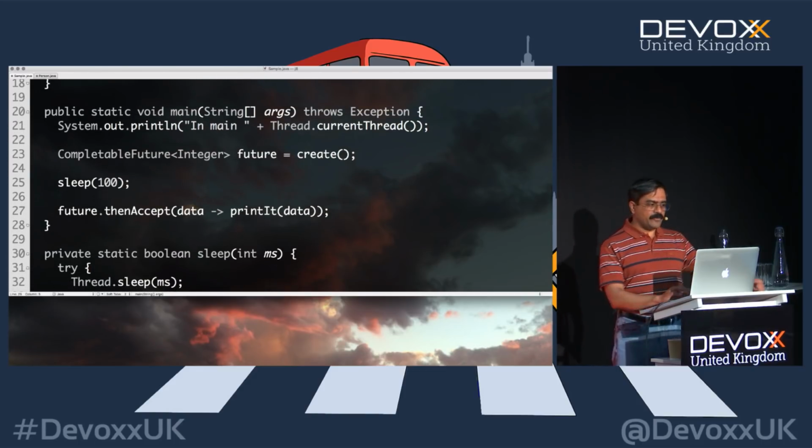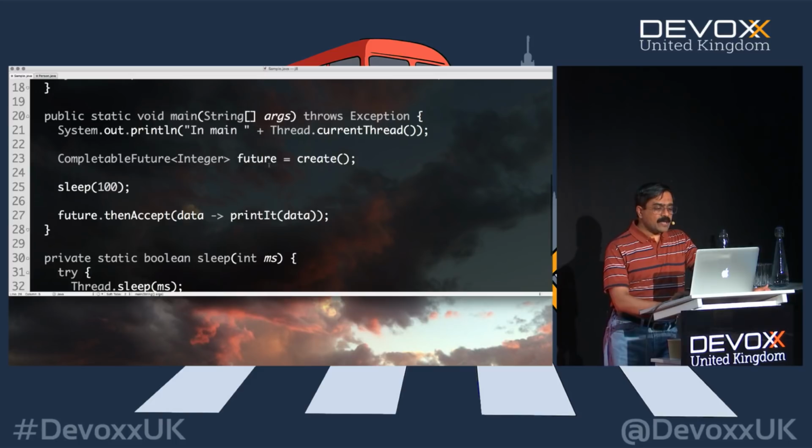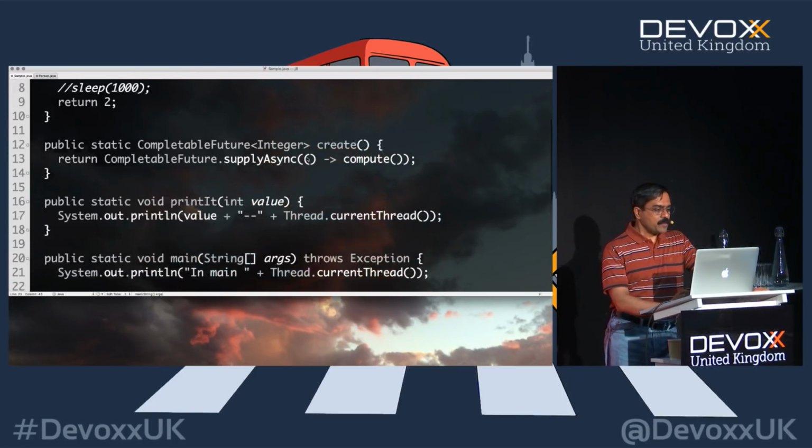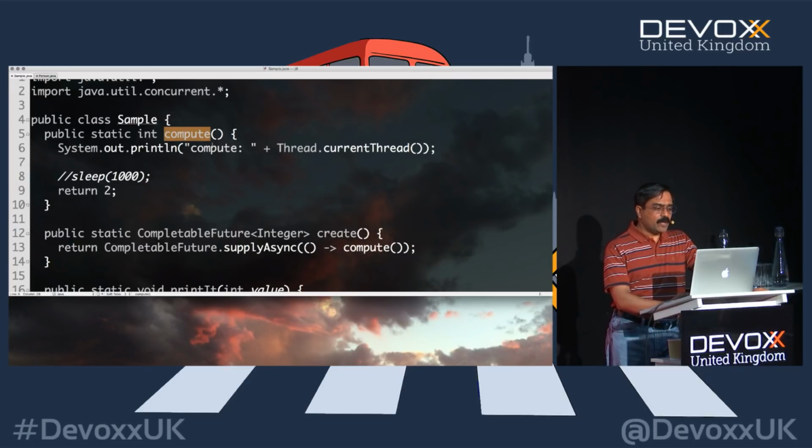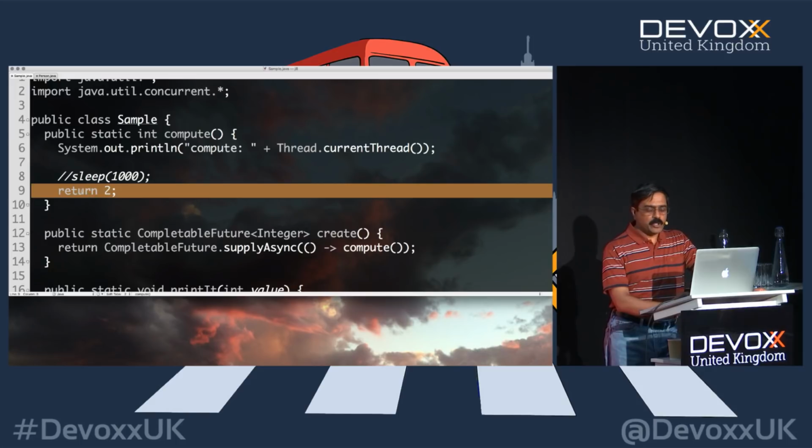Let's understand a few details now. Notice that I first call the create method. When I call the create method, we step into the create, it runs this piece of code, it returns a value of 2, and that's going to run asynchronously, sure.